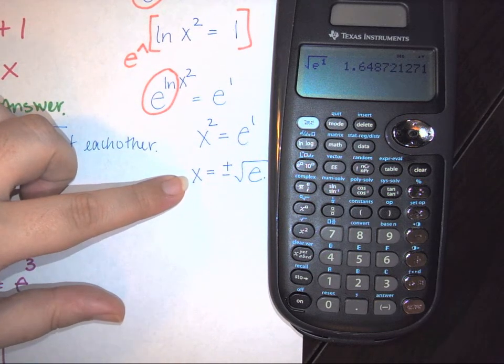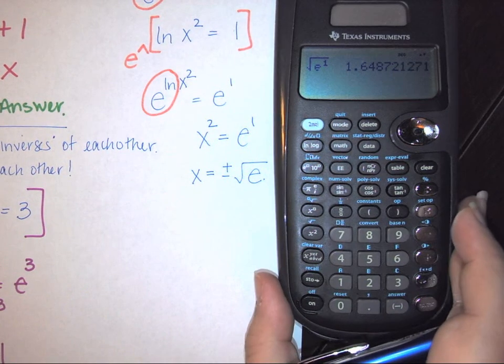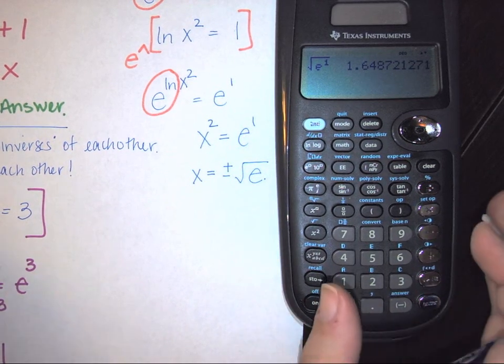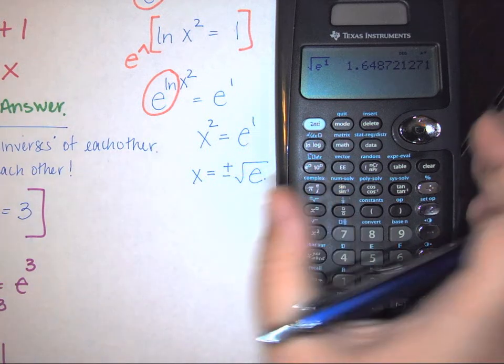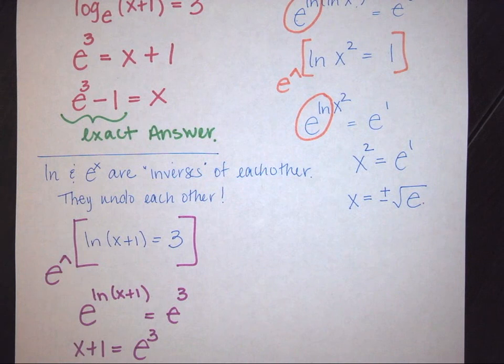And so you would be looking at plus or minus 1.65. So depending on what you were asked or how you were supposed to round, that is what you would need to look at.